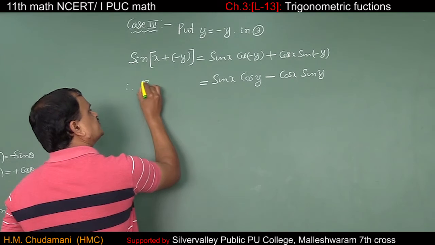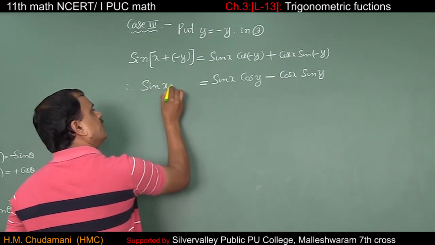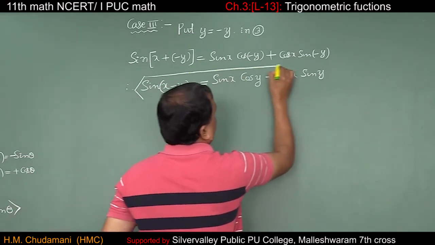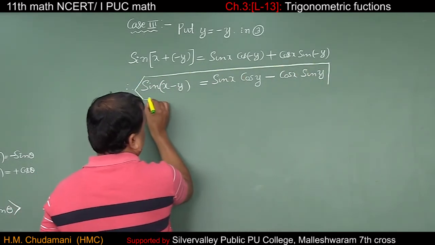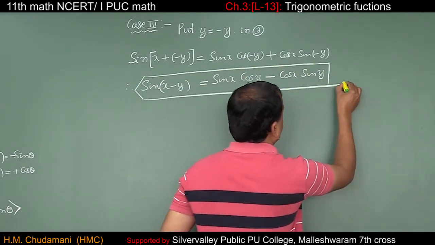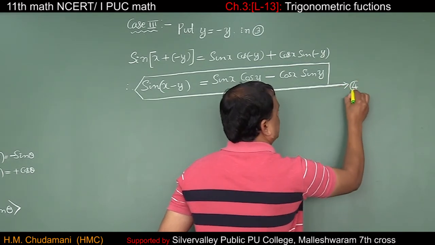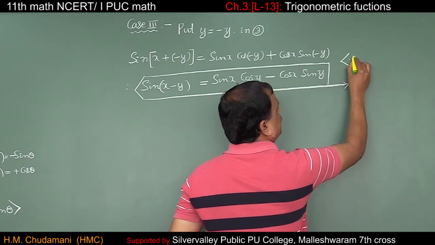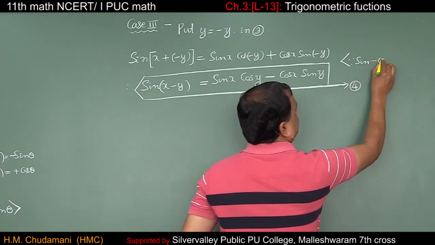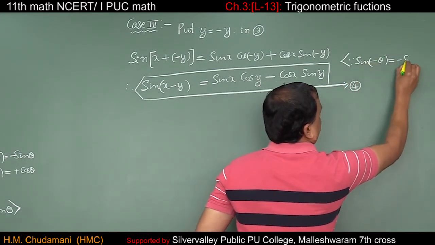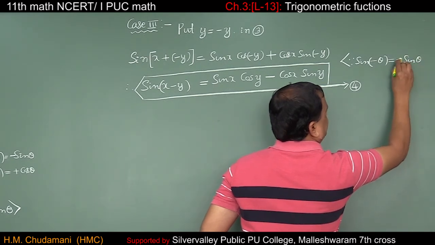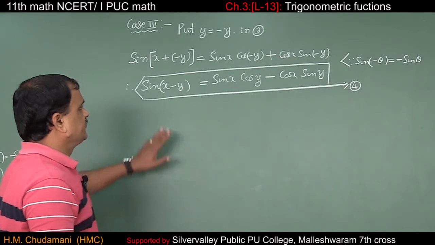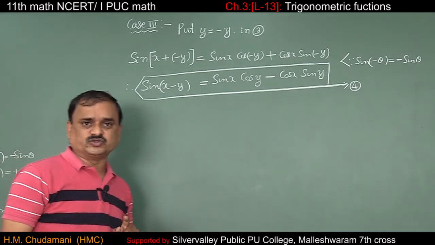So therefore sin of x minus y is equal to sin x cos y minus cos x sin y, because sin of minus theta is equal to minus sin theta, whereas cos of minus theta is plus cos theta. That's why. So these are the 4 results you are supposed to remember.